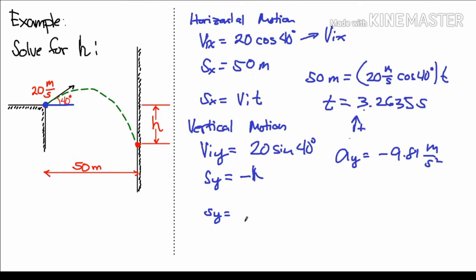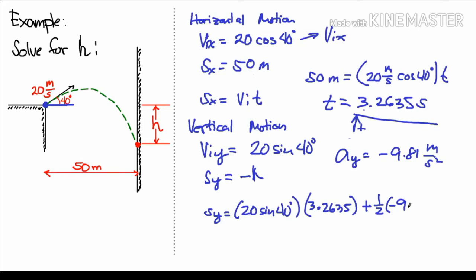So that's 20 sine 40 times time. The time in the horizontal is the same as the vertical, so we get 3.2635 seconds, plus 1/2 of the acceleration, which is negative 9.8, times 3.2635 squared.